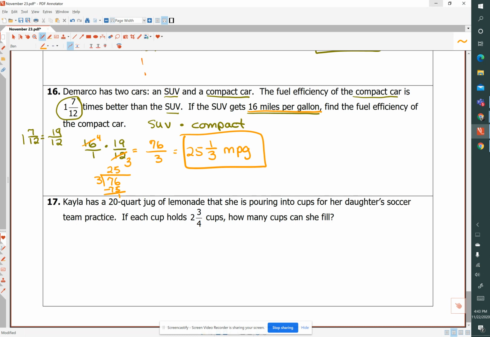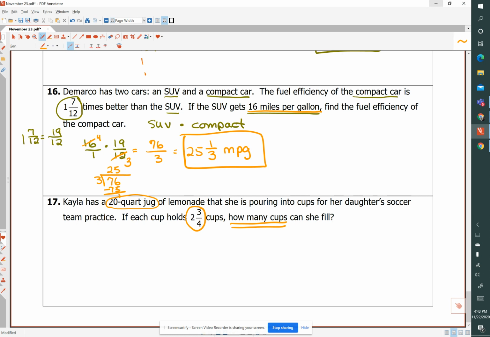If each cup holds 2 3/4 cups, how many cups can she fill? So remember, how many cups? We're not answering in a unit of measure unless we consider the cups as a unit of measure. She's got a big jug of lemonade, and then she's pouring it into smaller cups. And each cup holds the quantity of 2 3/4 cups.